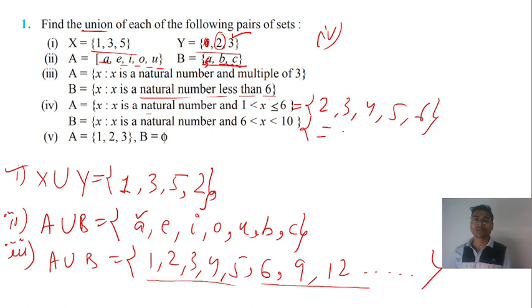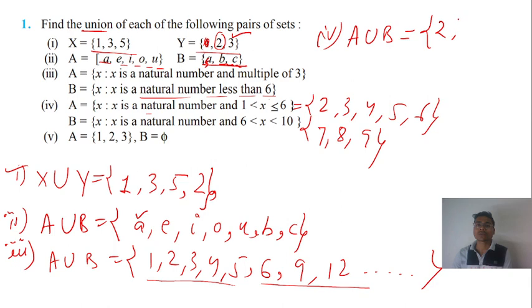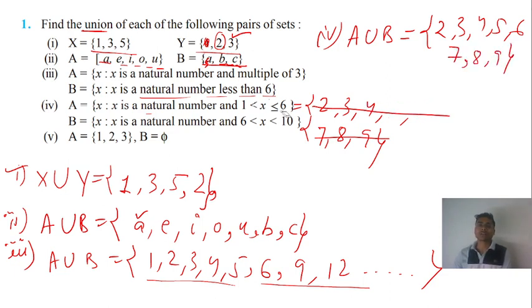Since it's greater than 6, it doesn't include 6, so we will write 7, 8, 9. So what is the union of these sets? The union is 2, 3, 4, 5, 6, we write all the elements of A and then all the elements of B, 7, 8, 9. So this is the union of these two sets.